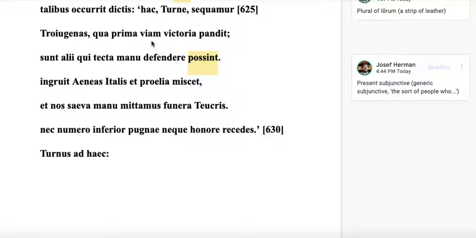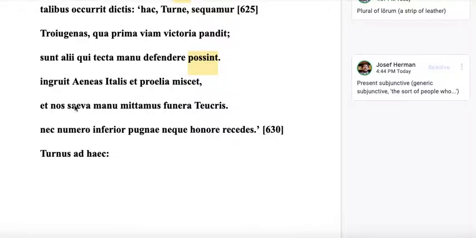So they had some success earlier in the battle, and that cleared a route to get to the Trojans, and she's saying, let's use that route. Okay, so Turnus, let's follow the Trojans by this way, the way by which our first victory opened a path. Okay, Troiugenas, by the way, I've translated sons of Troy, but the meaning is basically Trojans.